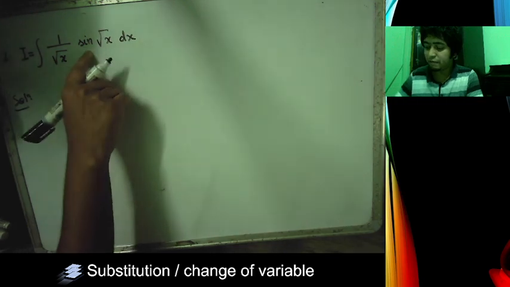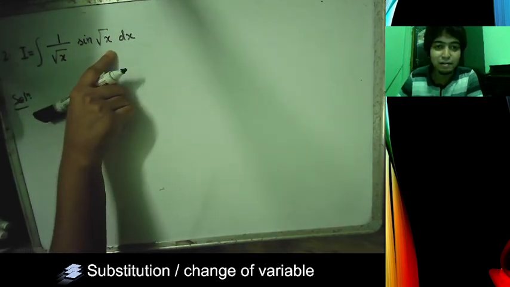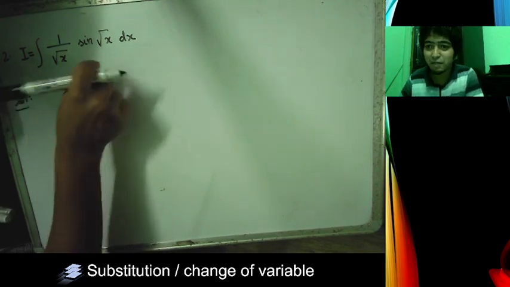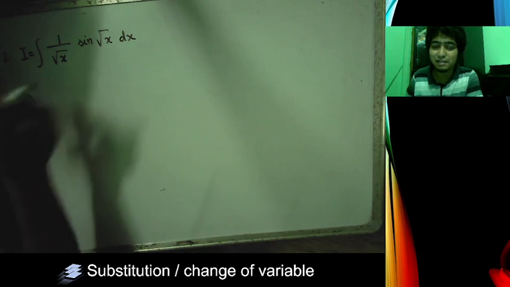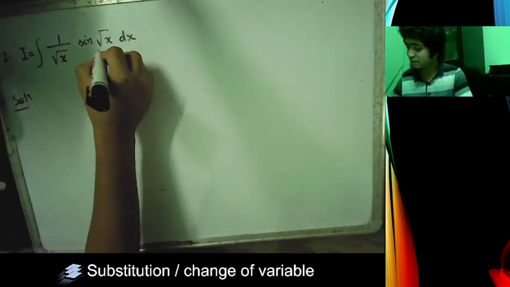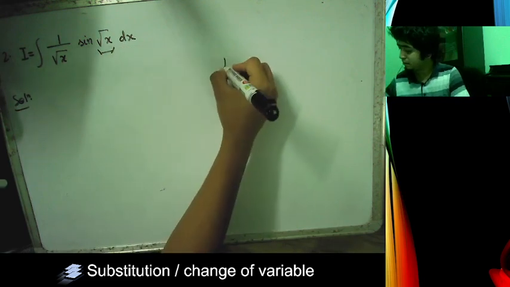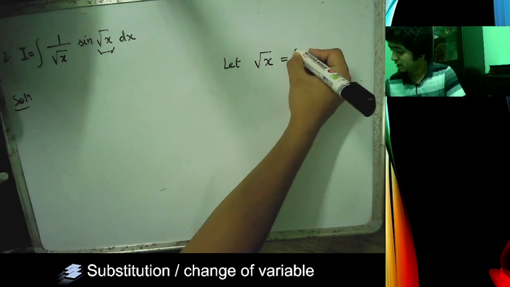Again, we are having a formula only for sine x, right? But over here we are having root x. So the formula no longer works, and also we are having this term over here, right? It's looking even more complicated. So what we will do, I will try to substitute this one. Let root x equal z.